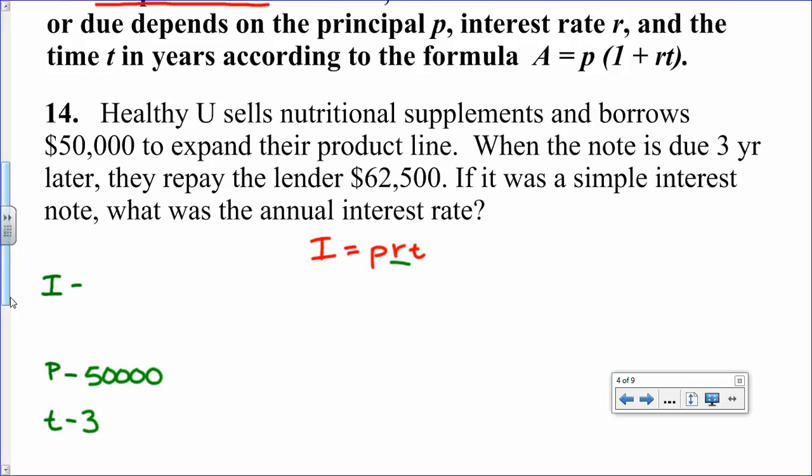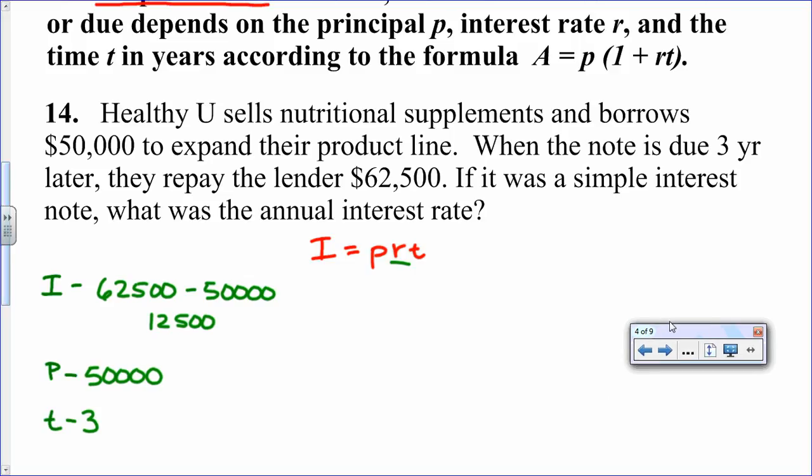So if my final amount was 62,500 and I started with 50,000, then I can find the interest that I got by subtracting. So I have to do that extra step. So that tells me 12,500. And now we plug those values in.